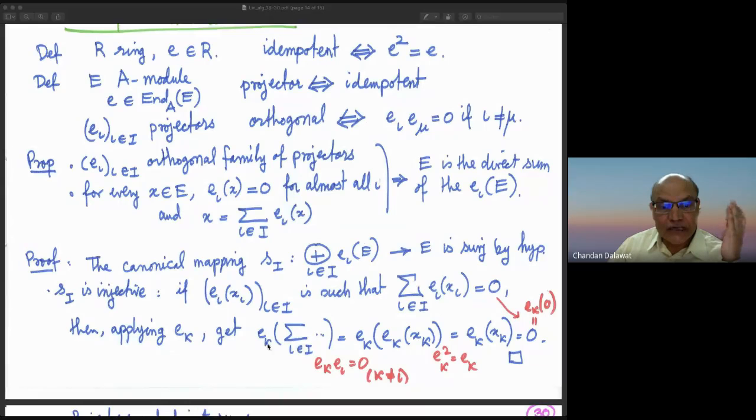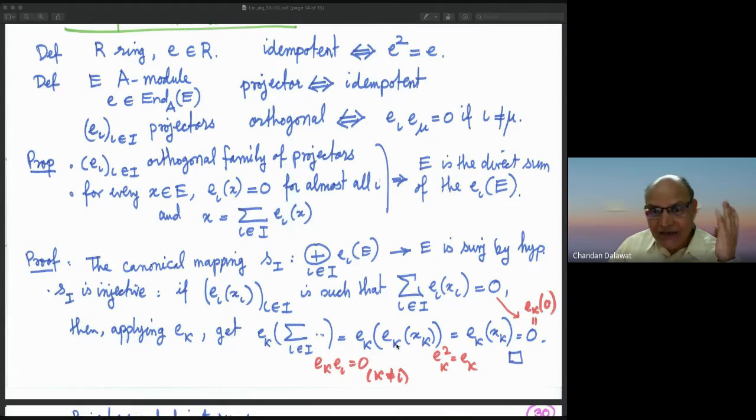On the left, we apply E kappa to the sum. E kappa is linear, so it's going to be the sum of E kappas of these various things, but E kappa E iota is 0 if kappa is different from iota. That's given to me because they are orthogonal projectors. So the only thing which will remain is E kappa X kappa.